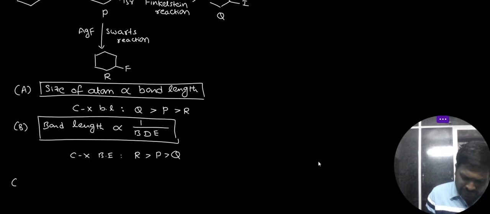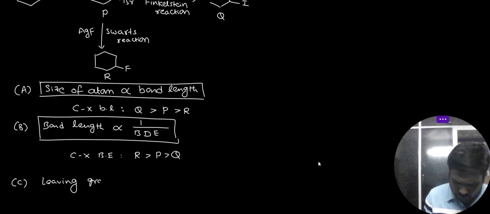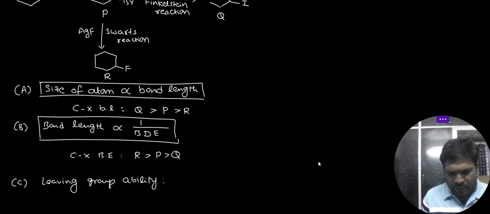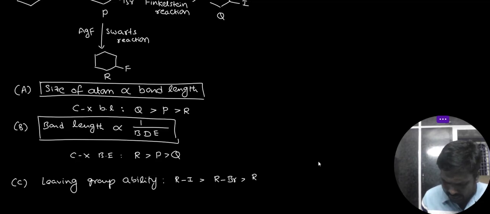So alkyl iodide is greater than alkyl bromide is greater than alkyl fluoride in leaving group ability.